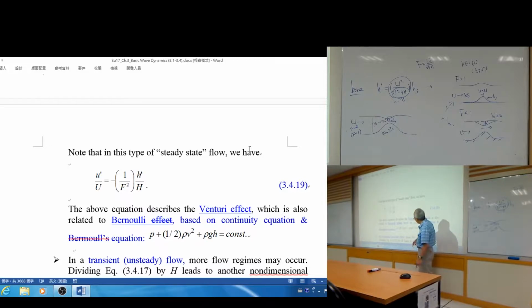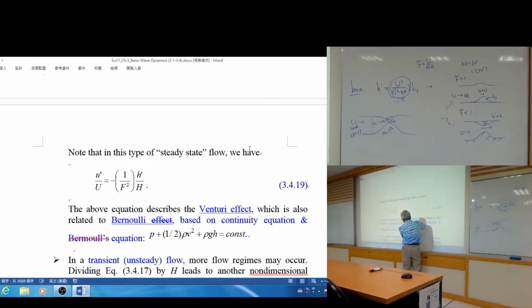So if you keep height the same, then pressure is inversely proportional to speed squared, and this is called the Bernoulli effect.